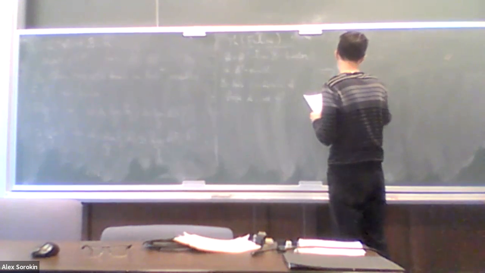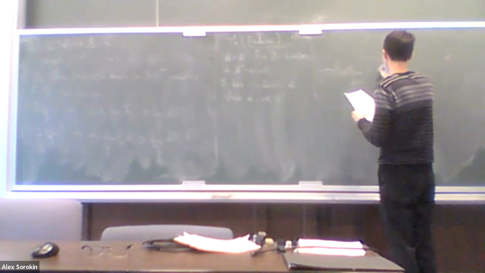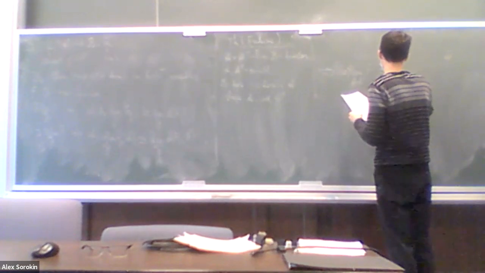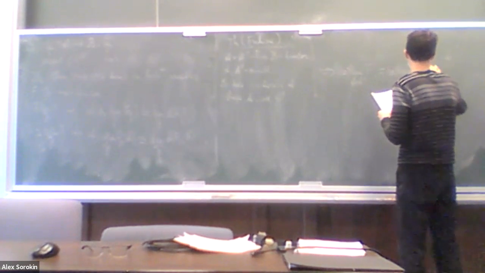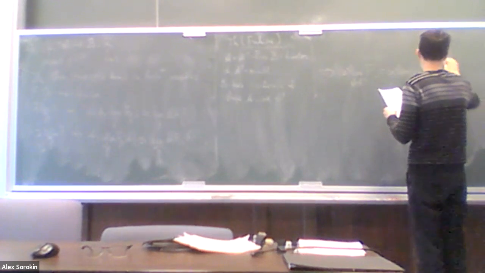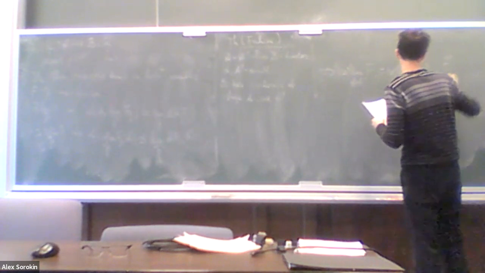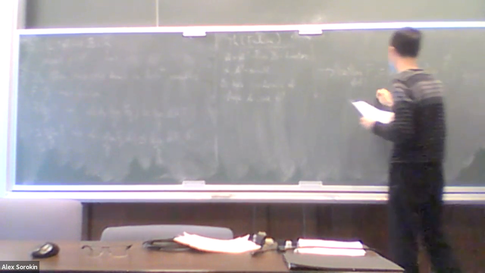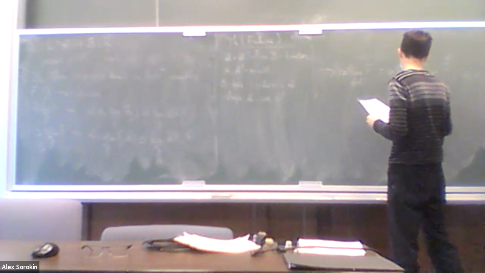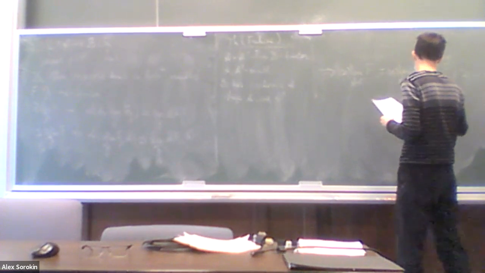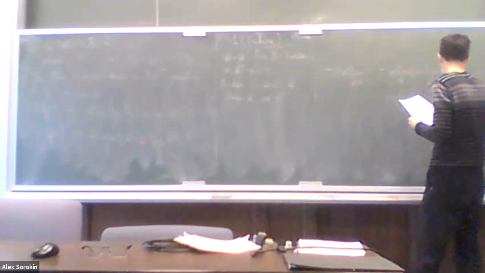Then co-limit over A cross A prime of F is isomorphic to co-limit over A prime of co-limit over A of F, computed in either order.